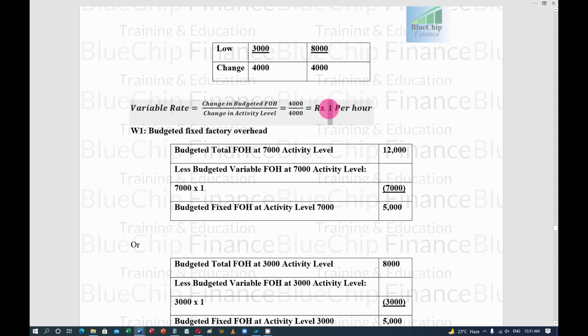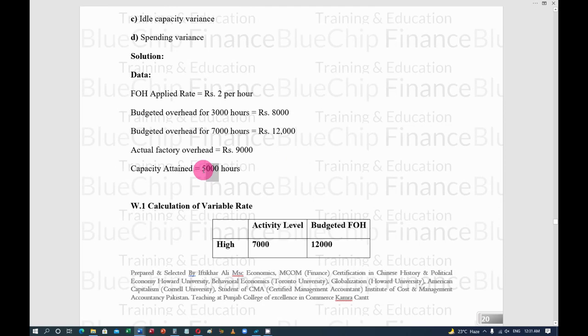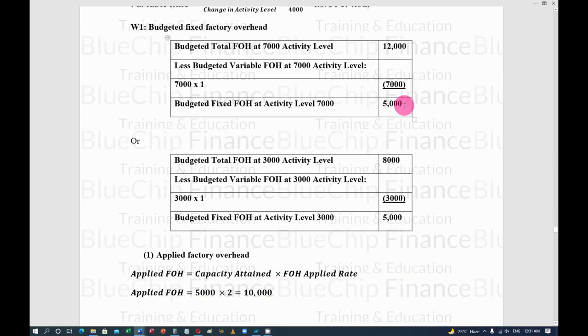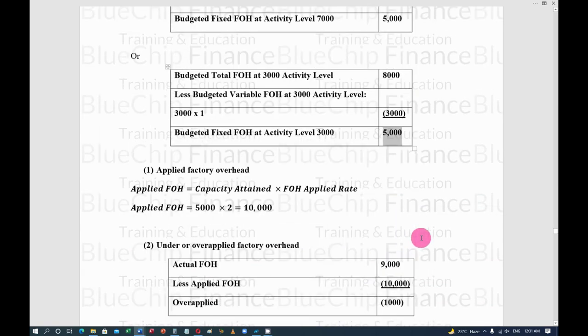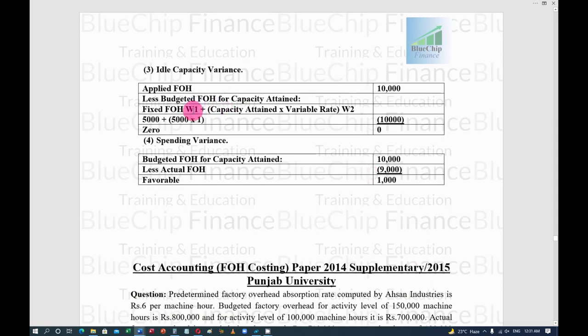So your budgeted capacity is equal to 5,000 plus 5,000 multiplied by 1 equals 10,000. So your yield capacity variance is 0.